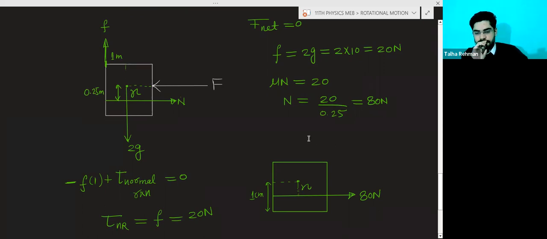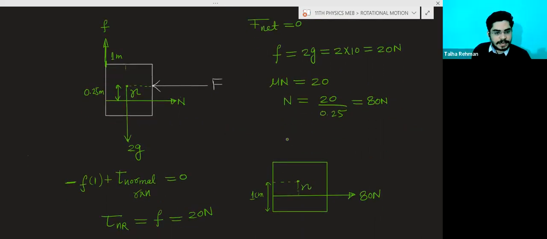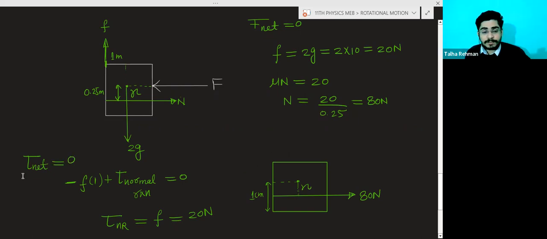Understood? Yes, sir. Here I have applied net torque on this body about the center of mass, or any point, is equal to 0. I am talking about the torque about the center of mass being equal to 0.